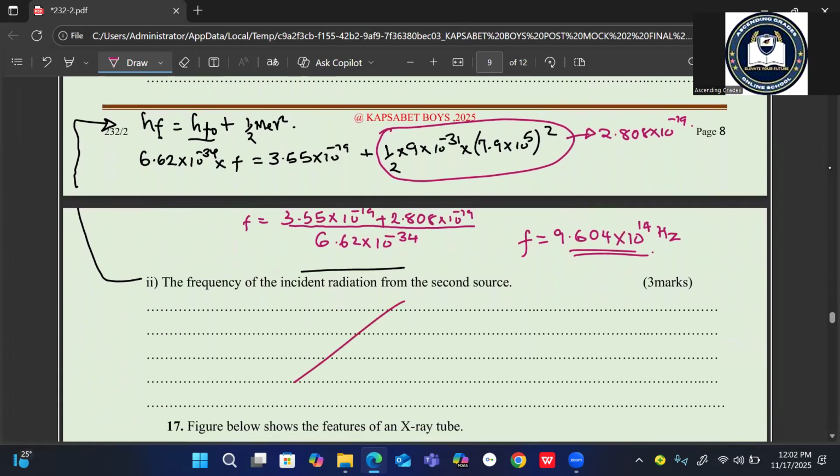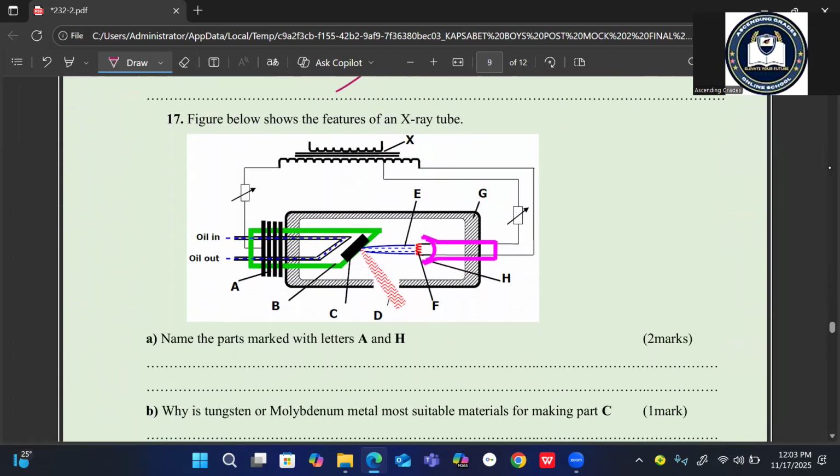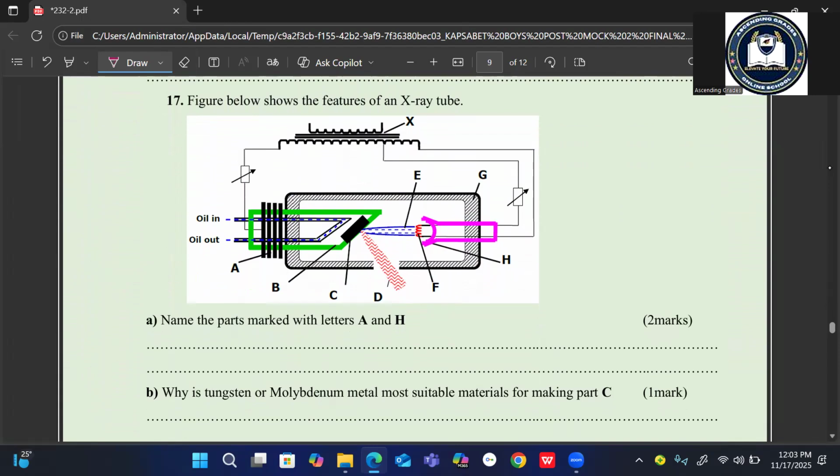Yes, so this is that. We have our question 17. We are given that diagram over there. This is just the X-ray tube. So we have the filament.